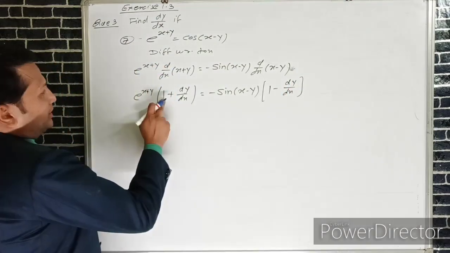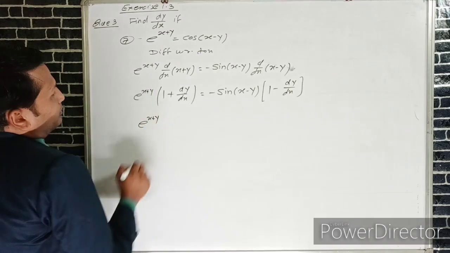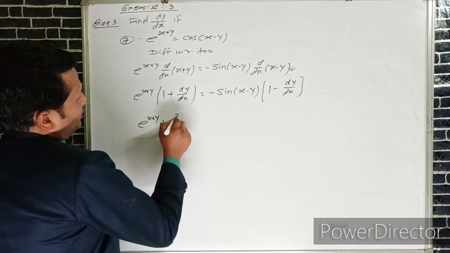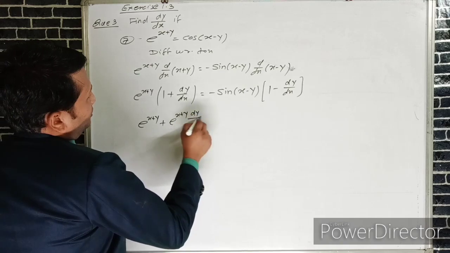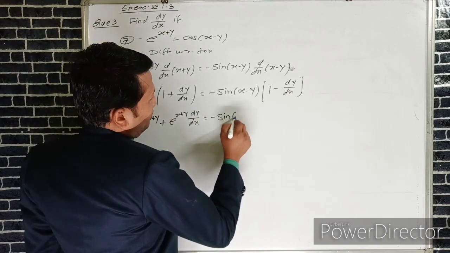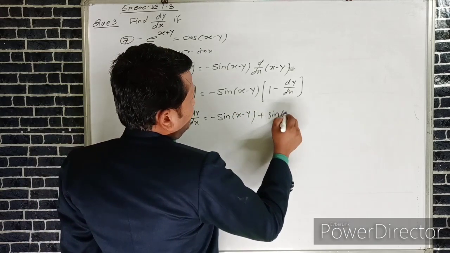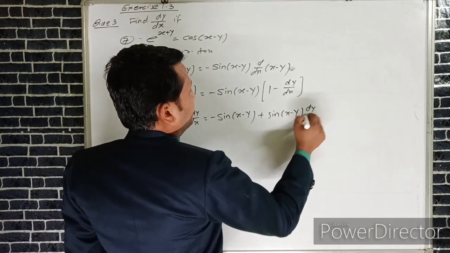If we multiply this term with the bracket, e to the power x plus y into 1, e to the power x plus y, plus e to the power x plus y into dy by dx is equal to minus sin of x minus y, minus minus plus sin of x minus y into dy by dx.